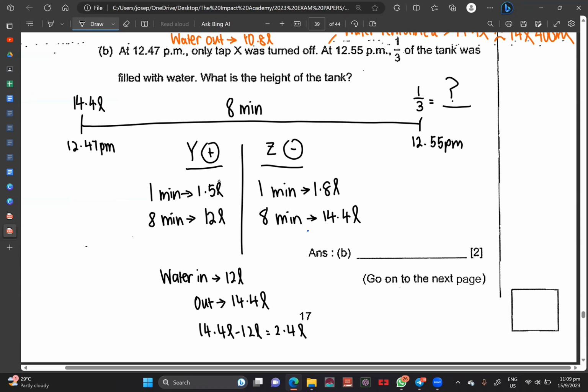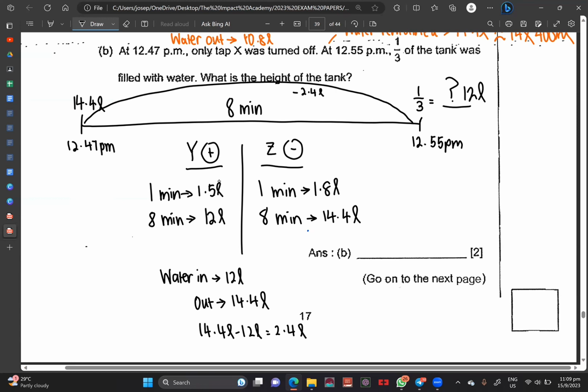So how do I find this question mark over here? The water that went out of the tank is more than the water going into the tank, so we are going to minus 2.4 liters over here. We do 14.4 minus 2.4 liters, and we get 12 liters over here.